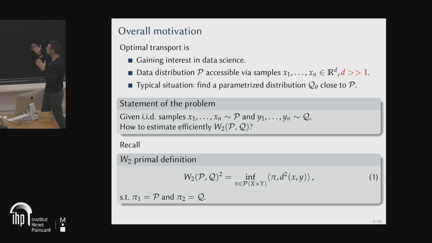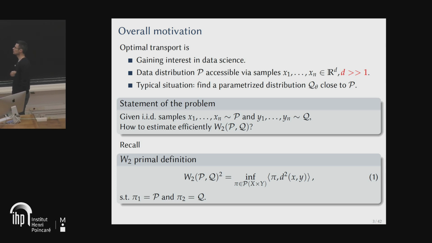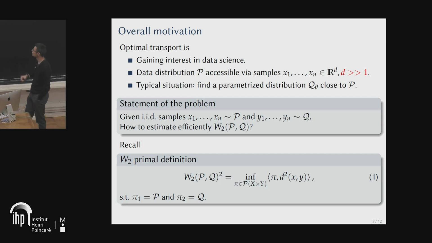It's a linear optimization problem over the coupling set, over the space of probability distributions on the product space X times Y. So pi is a probability, and there are marginal constraints, which I denote by pi 1 is equal to p, which means that you integrate over y, and you should get p. You integrate over x, and you should also get q with pi 2.